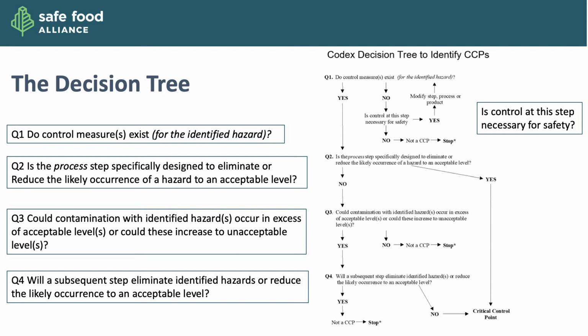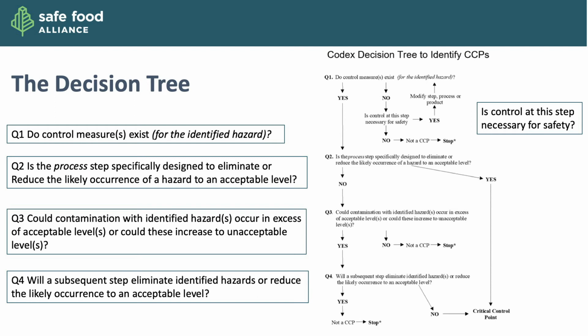Question number 1: do control measures exist for the identified hazard at that step? Then we move on to question number 2: is the process step specifically designed to eliminate or reduce the likely occurrence of a hazard to an acceptable level? Keep in mind, we're talking about the process step, one step at a time, in particular when we use this tool.